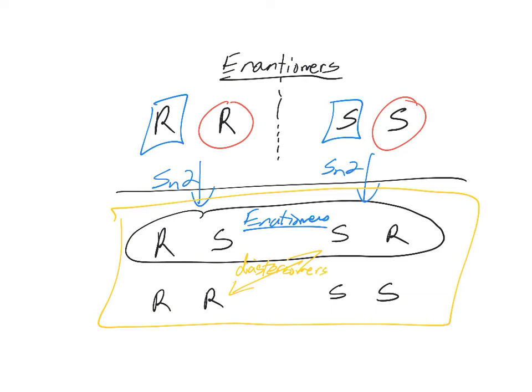One thing's the same, the other thing's different. So kind of across ways, they're diastereomers. And this way, they're enantiomers. But if you did an Sn2, you get enantiomers back out. If you did an Sn1, you're going to get diastereomers because you're going to get that racemization.